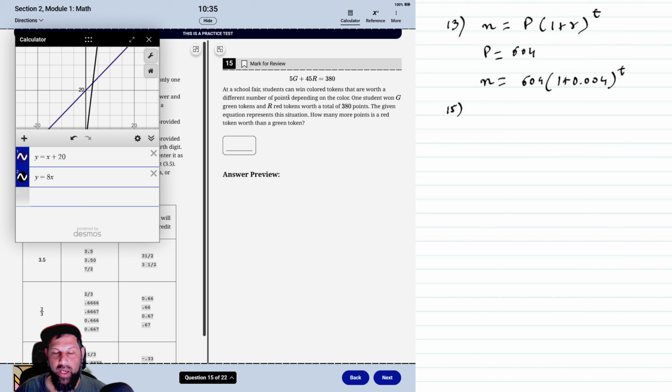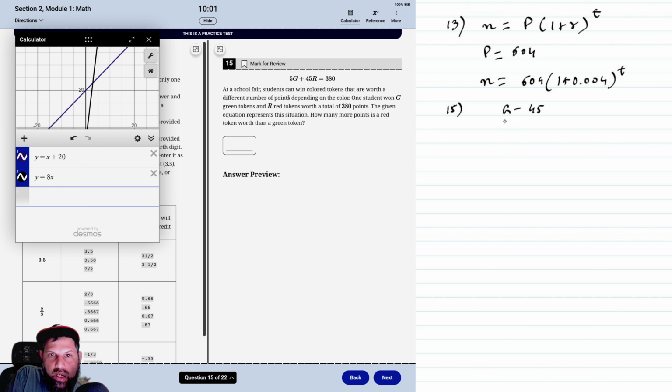Okay, so we look at the coefficients in front of g and r respectively. So r's value is going to be 5 and g's value is going to be equal to 45. Okay, so I flipped it. My bad.